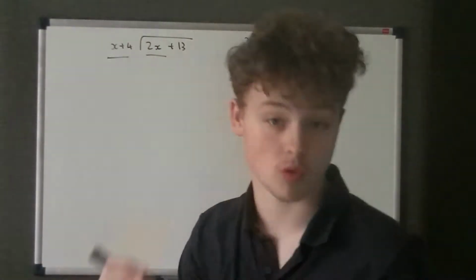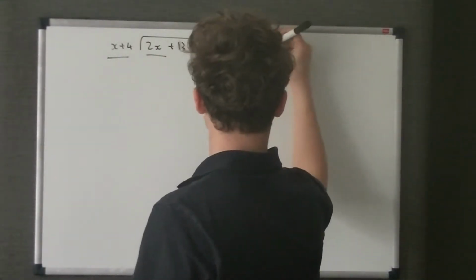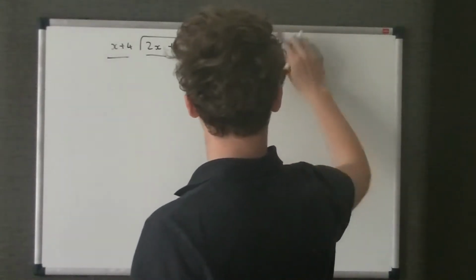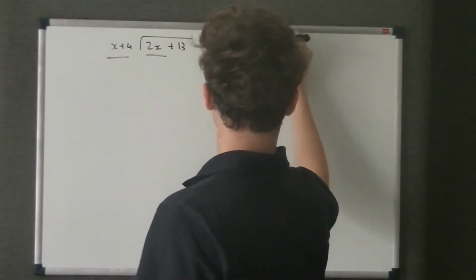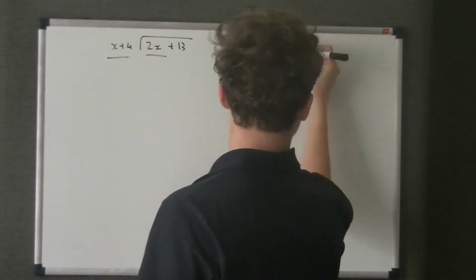Now this is not the way you'd write it out normally. I'm just going to give you a bit of a head start. 2x divided by x, and the x's cancel out, so that gets us 2.